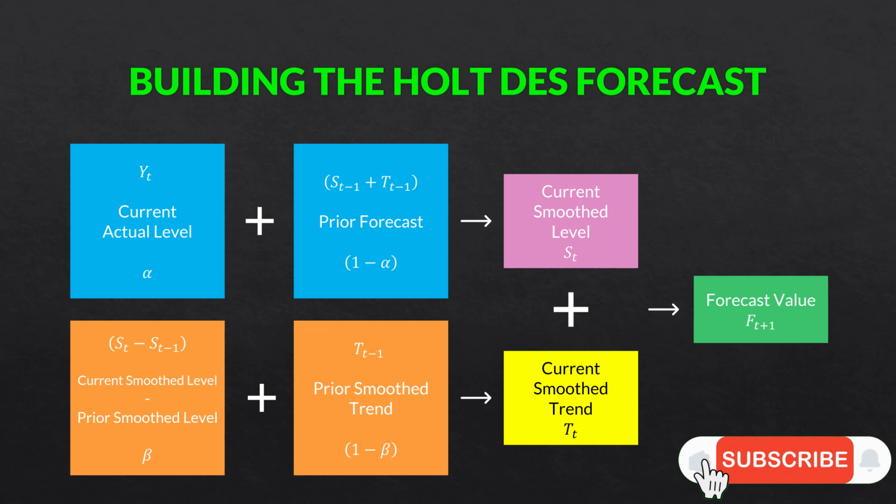So think about that. We're taking one level minus another level. So that's a change in level. By definition, a change in level is a trend. Then we're adding to that the prior smooth trend from the period before. So visually, this is how Holt DES is put together. And of course, as we see equations and the chart, it will become more mathematically obvious how all this works.